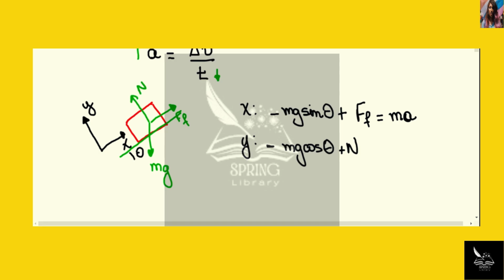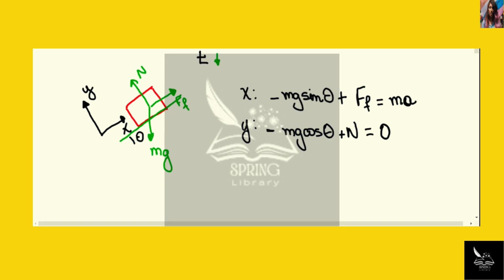So this is the normal force, I've forgotten to write it here. This is equal to 0 since the block is not moving in the y direction. So from the second equation, we get that the normal force is mg times cosine theta.